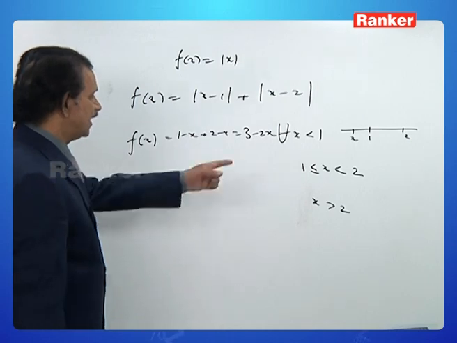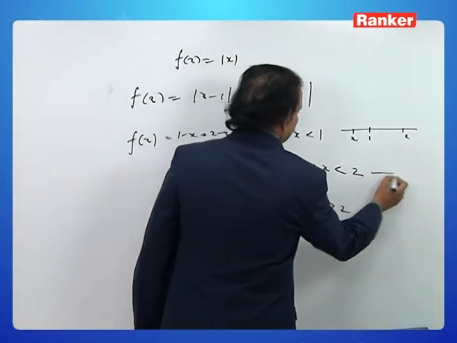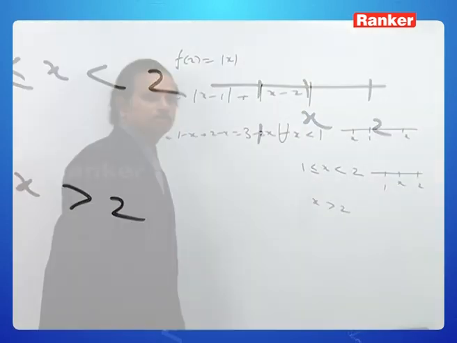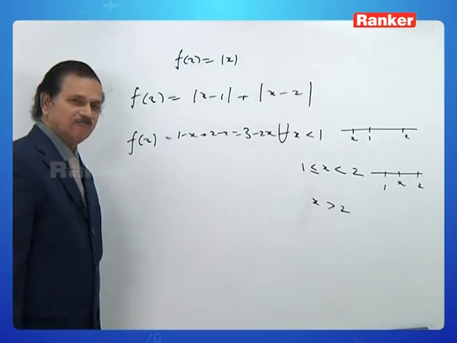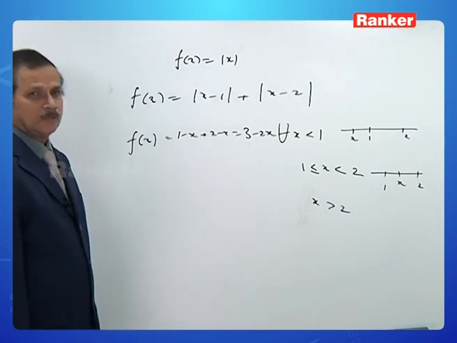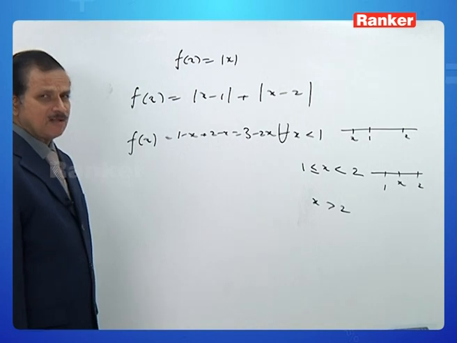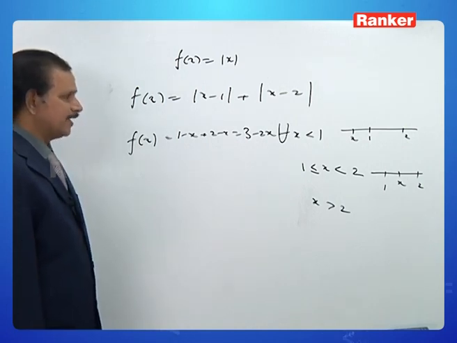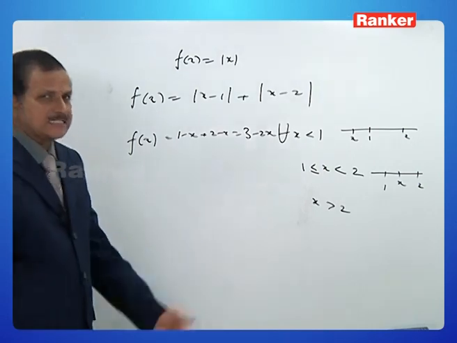Now, 1 less than or equal to x less than 2. Observe the picture. Where does x lie? Above 1 and below 2. Distance between x and 1, that is mod x minus 1. Since x lies above 1, it is x minus 1.